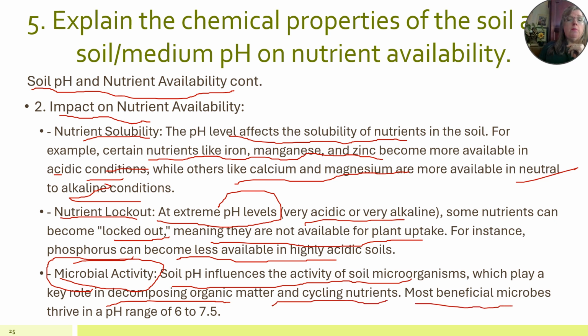Most beneficial microbes thrive in a pH from 6 to 7.5, so right near neutral. If you're too far in any one direction, the microbes are going to start to die, and then the plants are going to start to suffer.